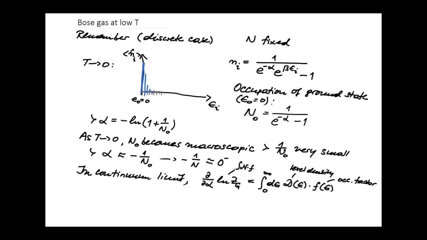And therefore, a possible macroscopic occupation of the ground state is not taken into account, is not included in this integral. Because at epsilon equal to 0, the level density vanishes, and therefore the integral fails to take into account the macroscopic occupation of the ground state.